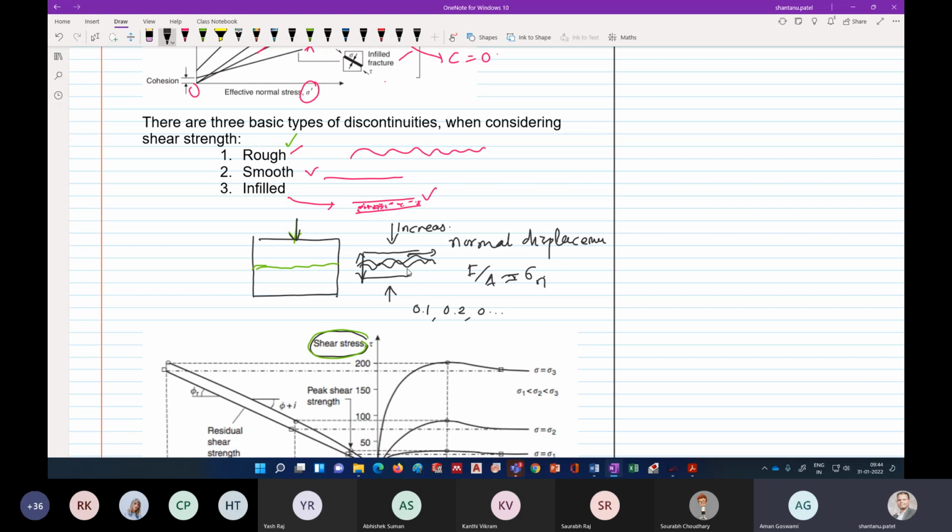That is what we call shear displacement. And the shear stress again is tau equal to the shear force divided by area. So these are the four terms: normal displacement, normal stress, shear displacement and shear stress. Does anybody have any question about understanding these four terms?